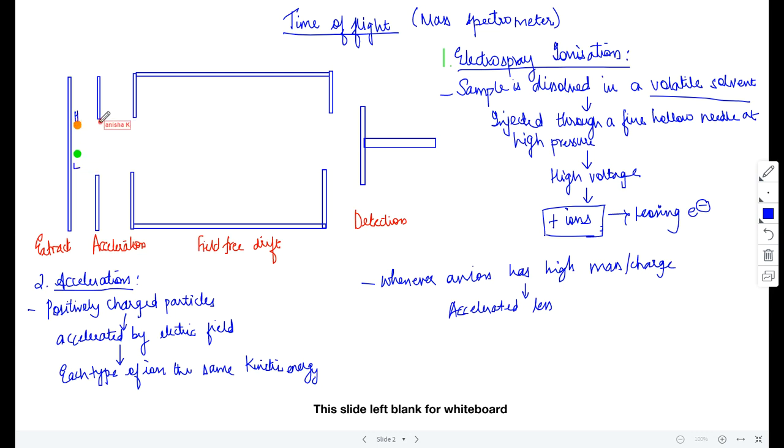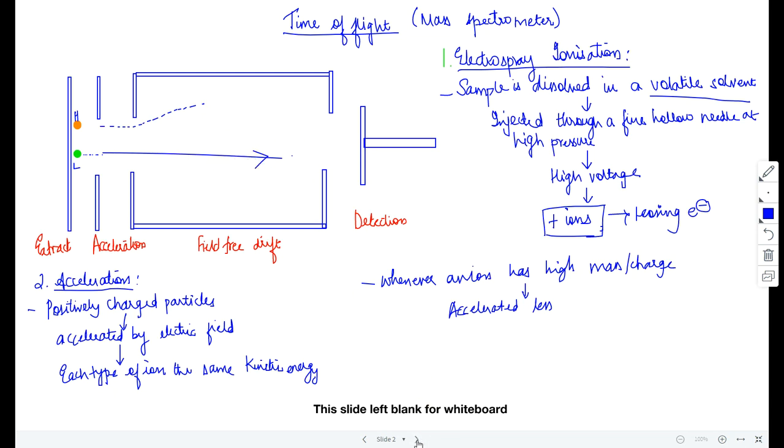If it is a high mass, once it reaches the acceleration part, it will slow down and move a little slowly. But since this has a low mass, once it is crossing the acceleration, it will move in a fraction of a second, allowing them to separate when they enter this field drift.